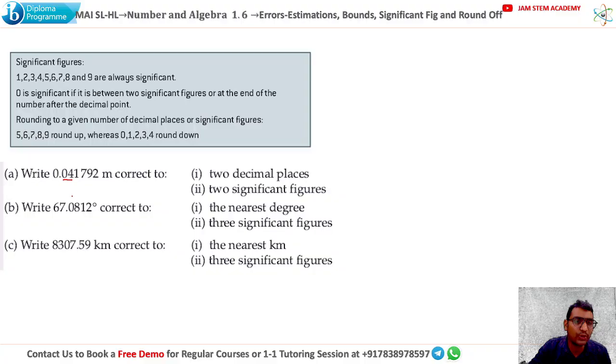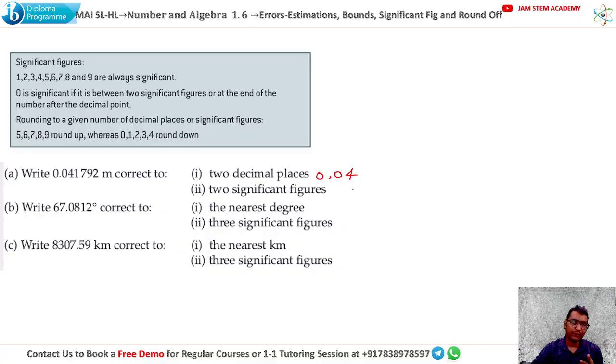Two decimal places. So look at the 0.04 only. What's the next digit? 1. Correct? Okay. So because of this 1, you have to round, correct to two decimal places. It is 1, so keep it as 0.04 only. Now, two significant figures.